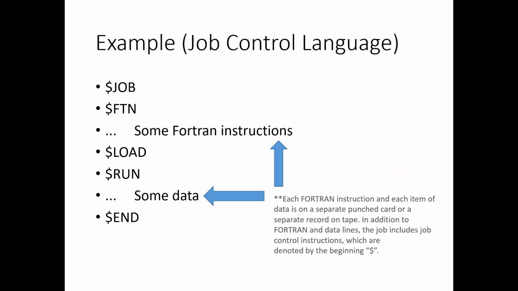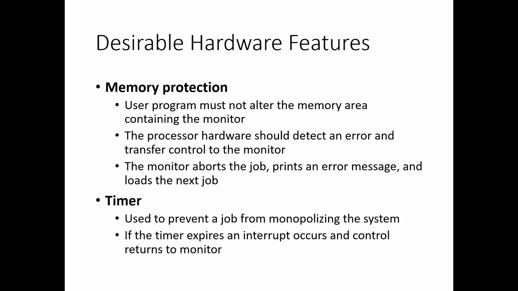We would load those into memory, run it, and get some data from it, hopefully. It is Fortran after all. And then we would end it and pass control back to the monitor. So the job control language is the ones with the $ signs, and the two arrows indicate the things that we're actually programming.